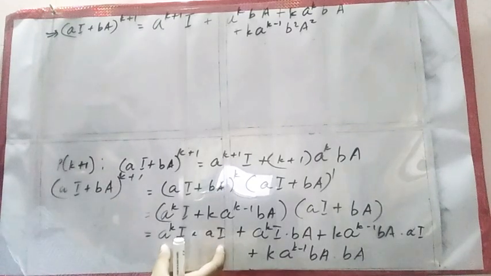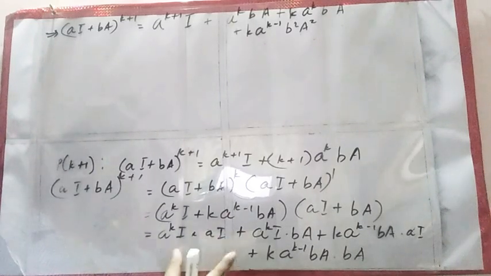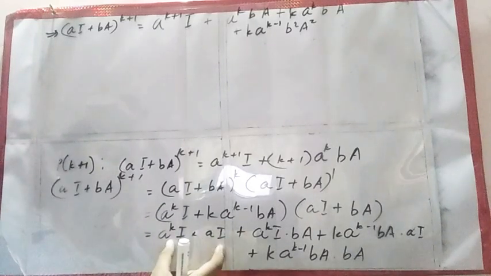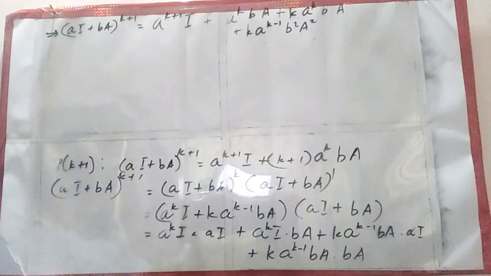So the thing we have to note here is that these terms a, b and k are all scalar quantities, and I and A are matrices. So when we multiply the two terms a raised to k I into A I, we are just multiplying the scalars and multiplying the matrices. So here we multiply a raised to k into a, and it is multiplied with I into I. So we have already learned it from the properties of matrices: scalar multiplication and matrix multiplication.